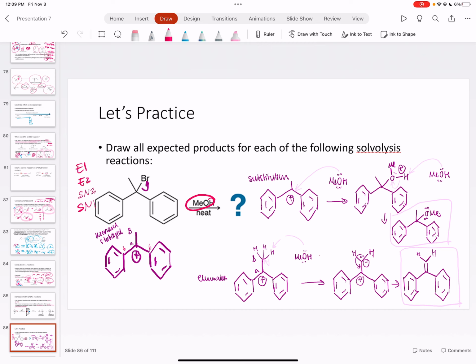So then we don't have a negative charge. Those ones seem pretty stable. So then we have E1, SN1. It would mainly depend on whether, for E1, we have neighboring hydrogens on the beta carbons, if they have any hydrogens.